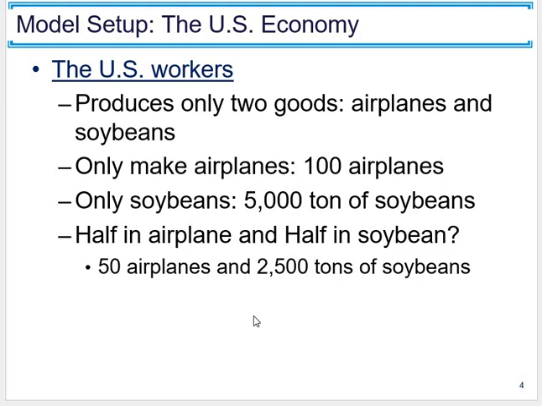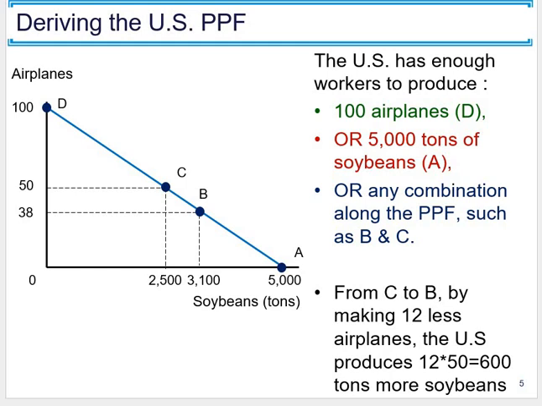It's pretty obvious that we would have 50 airplanes, half the amount, because we're using half of the total workforce. At the same time, the rest of the workers produce 2,500 tons of soybeans. With this information, we can derive the PPF for the United States.